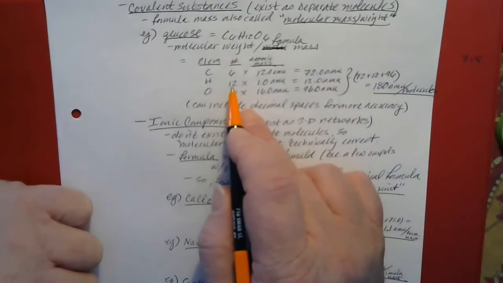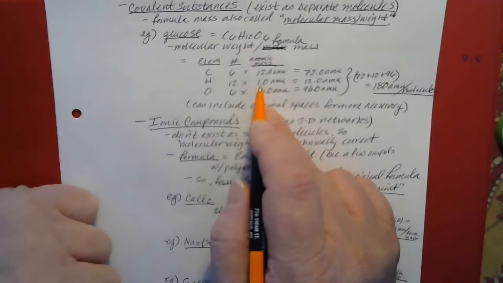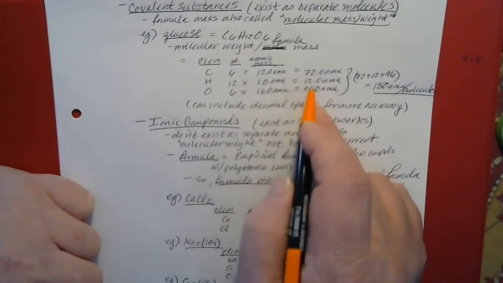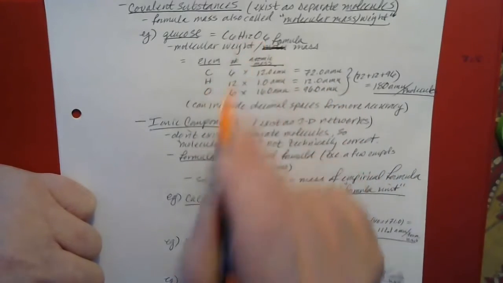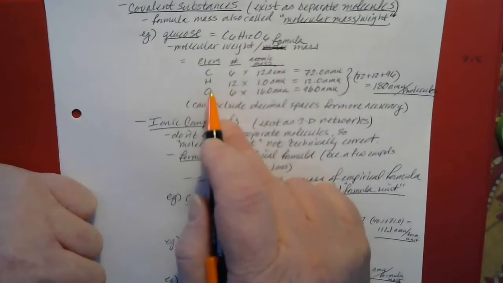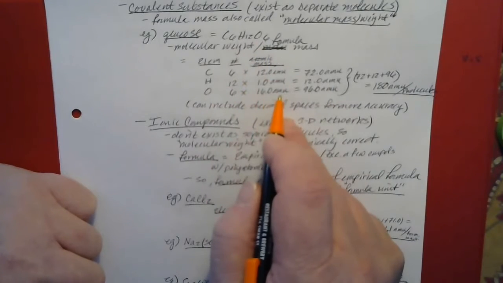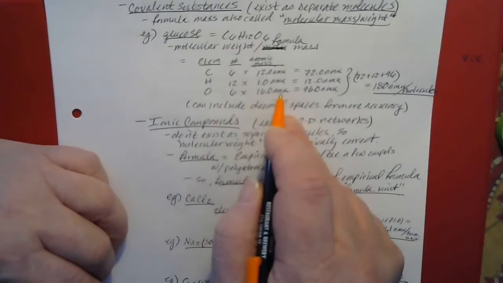For hydrogen, you've got 12 of them in each molecule. And each hydrogen, according to the periodic table, has a mass of 1 atomic mass unit. And so that would be 12 atomic mass units for the hydrogens in the molecule. And for the oxygens, you've got, again, 6 of them. And there are 16 atomic mass units for each average atom of oxygen.